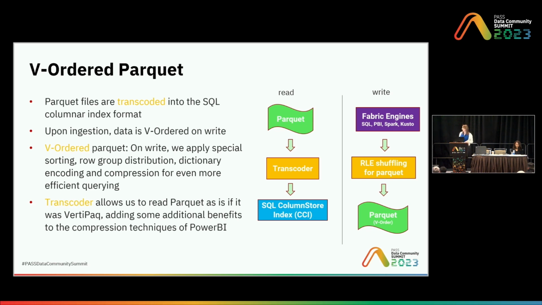And then, as I mentioned, we sprinkle a bit of our own secret sauce, which is V-ordered Parquet files. All data in a Fabric warehouse is V-ordered, which means it's optimal for processing using VertiPack. On write, we apply some additional sorting and some additional run length encoding on top of what you find natively in Parquet to give you that extra boost in performance.